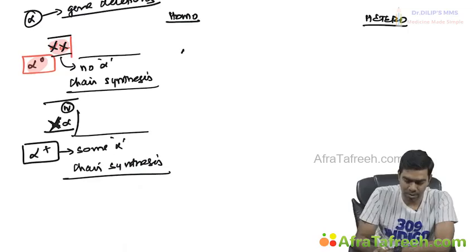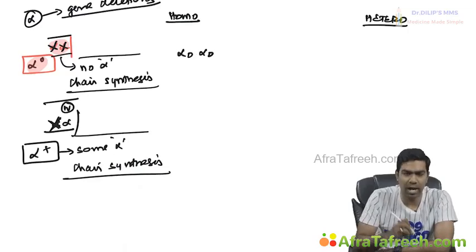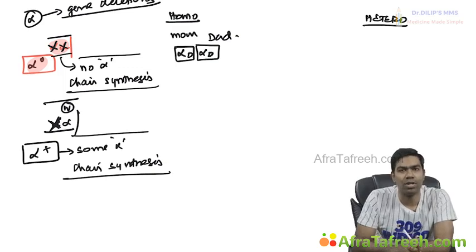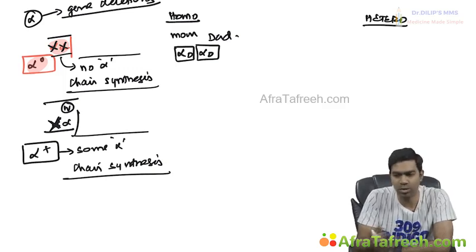So what does it mean when you say homozygous alpha 0? It means mom also has alpha 0 and dad also has alpha 0, so you are inheriting the alpha 0 allele from both.